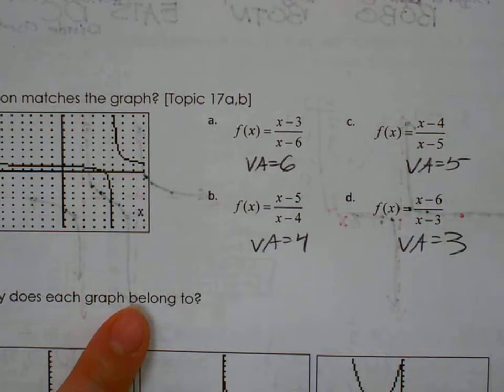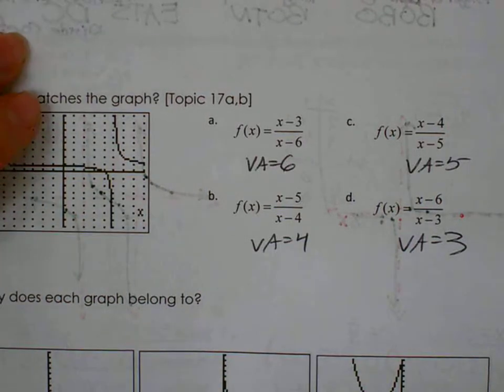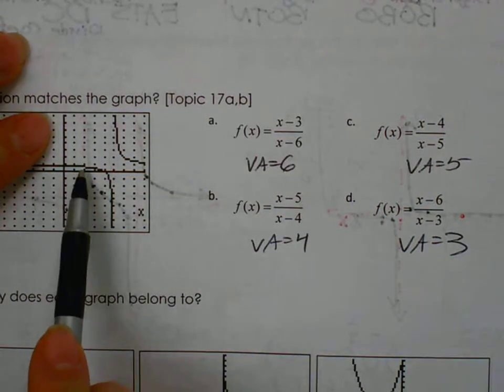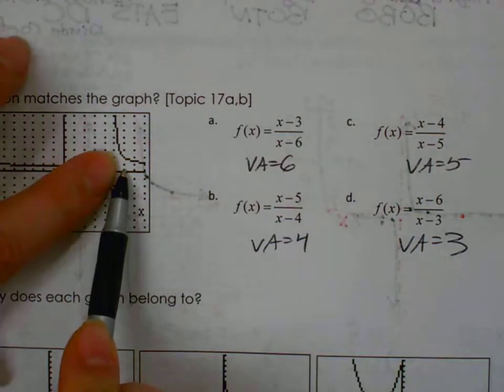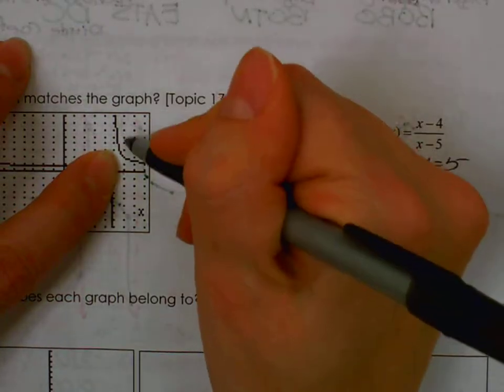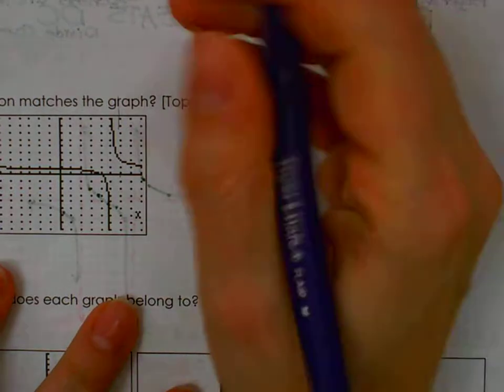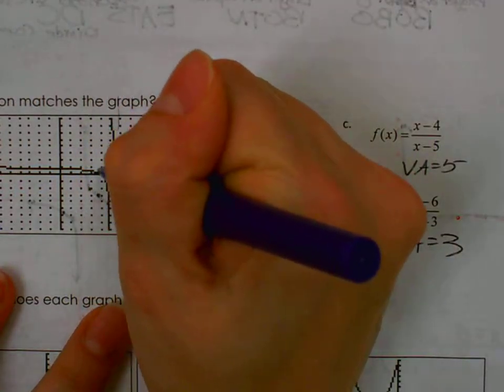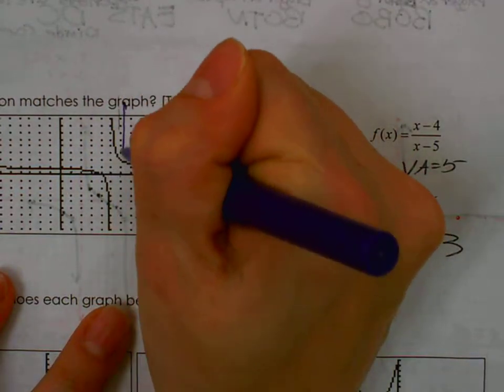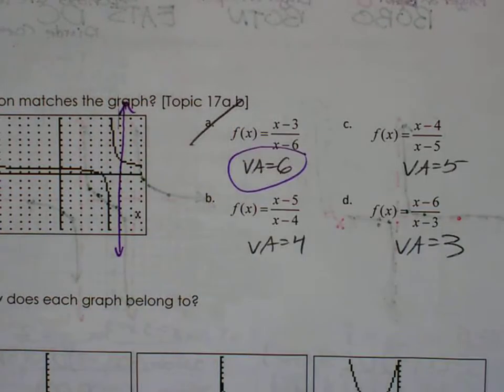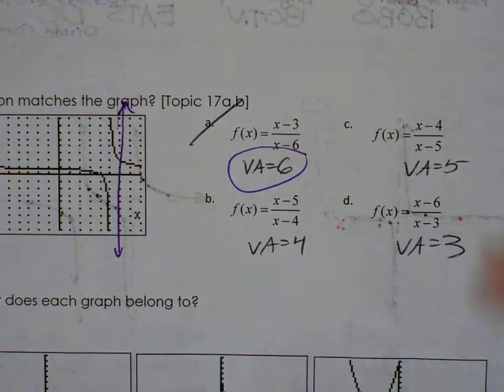You could also put these in your calculator and see which one looks closest, but I think they're all going to be pretty close. So 1, 2, 3, 4, 5, 6. Definitely not this one, because this one right here, 1, 2, 3, 4, 5, 6, it would be right here, and that's definitely not the right one. So let's try 5.